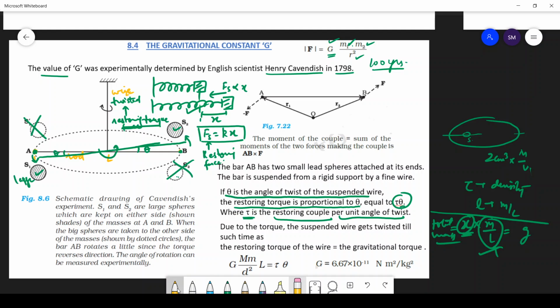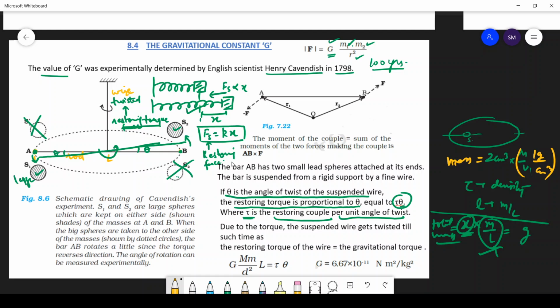Multiply the volume with density, you get the mass. So this is what we do in physics.